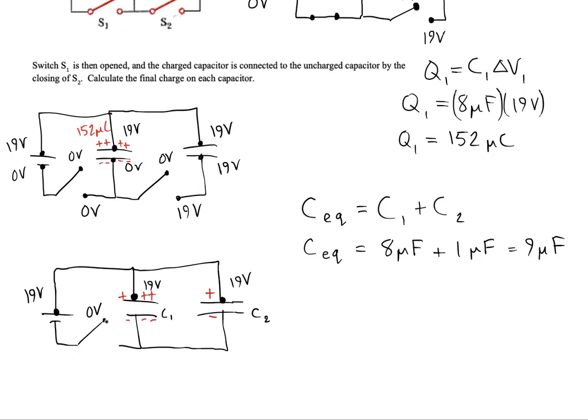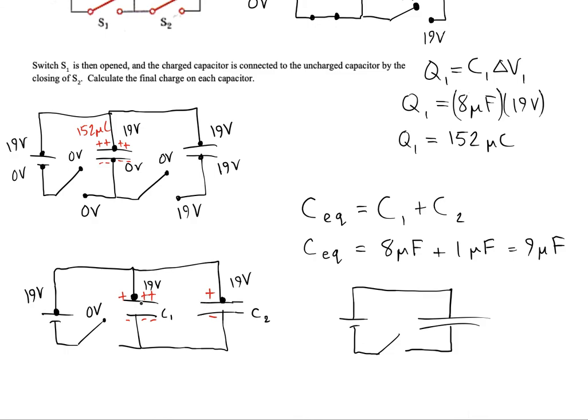All right, now if we wish, we could redraw the setup using a single equivalent capacitor. Because in effect, that's what we have here. There's two plates which both have large areas, and they're both connected to each other through metal.